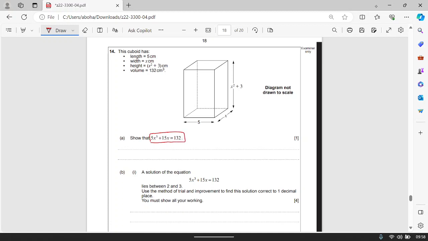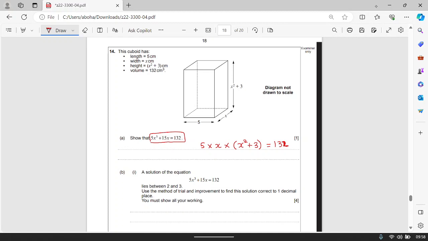Okay? So all you've got to do is 5 times x times x squared plus 3 is equal to 132. And then just tidy it all up now, okay?